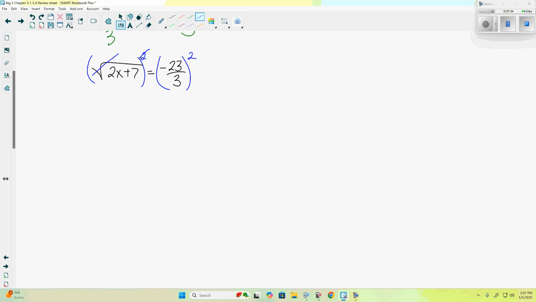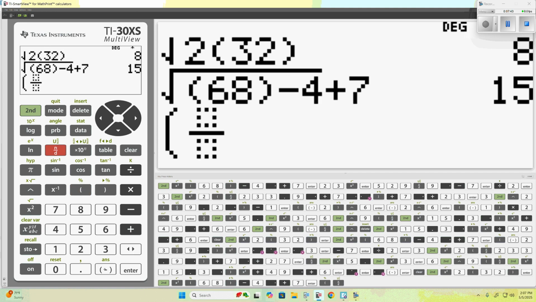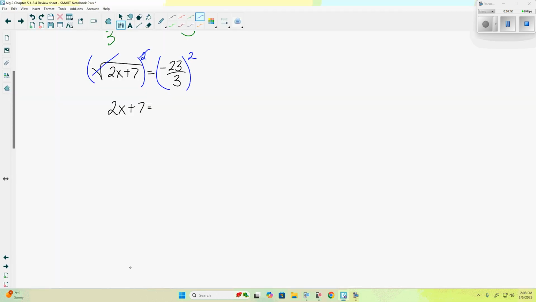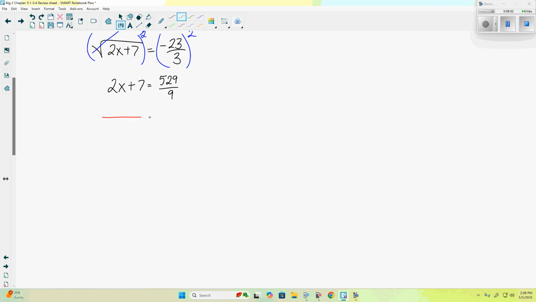Now the square root and square will cancel, so 2x plus 7 is equal to negative 23 over 3 squared, which is 529 over 9. Now there are no radicals left, so we can start solving for x.